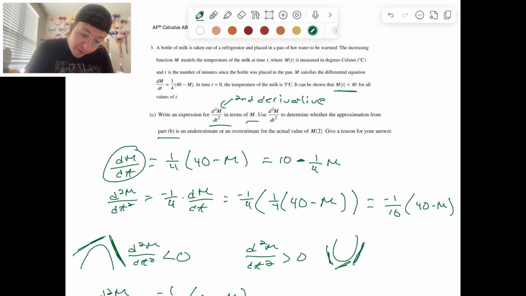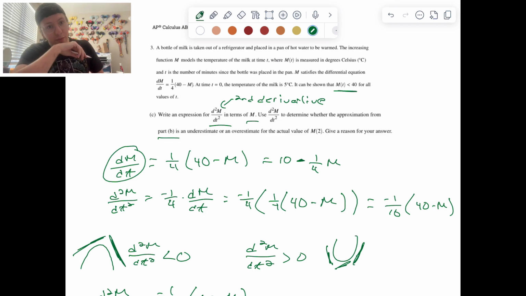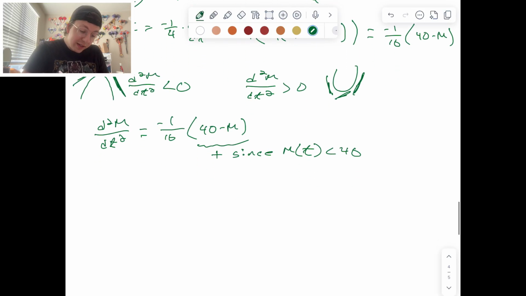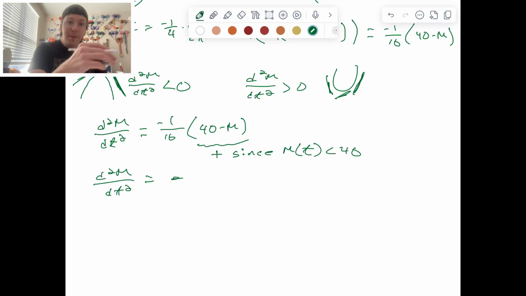It can be shown that m of t is less than 40. Therefore, 40 minus m has to be a positive value, since our m value is less than 40. Therefore, our second derivative is going to have to be some negative number, because we have a negative 1/16 times 40 minus m, which has to be a positive number.